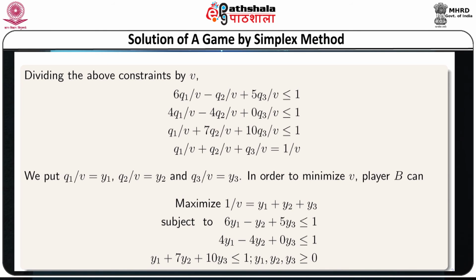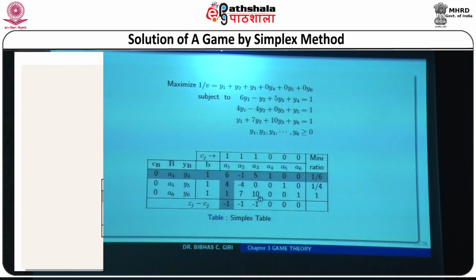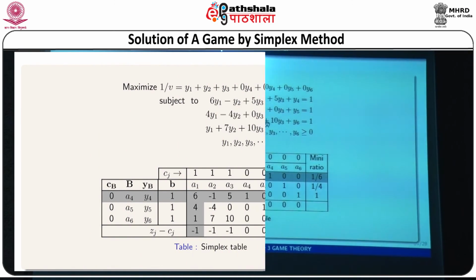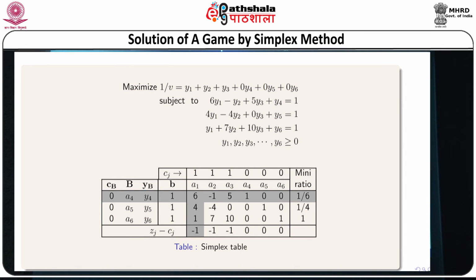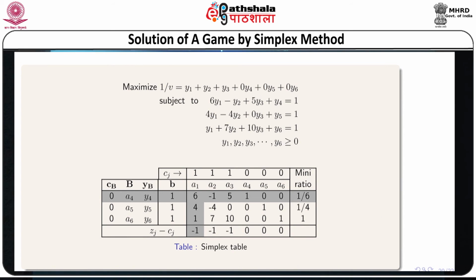Since the problem from the point of view of the player B is a maximization type problem, it is easier to solve the problem by simplex method. For fitting this problem into simplex table, we introduce 3 slack variables y4, y5 and y6, and then the problem can be reduced to standard form as shown in the slide.